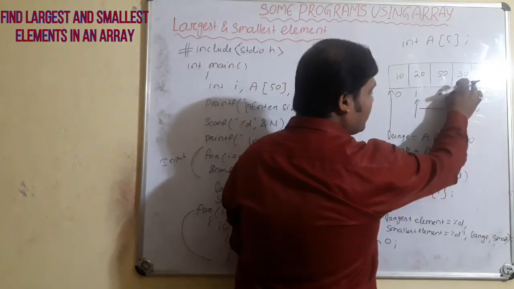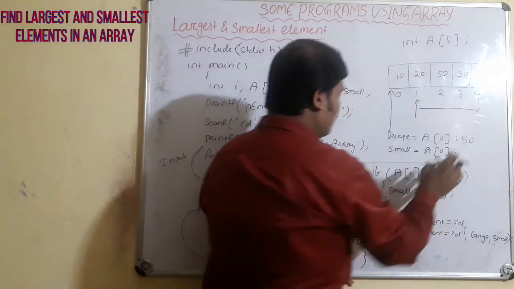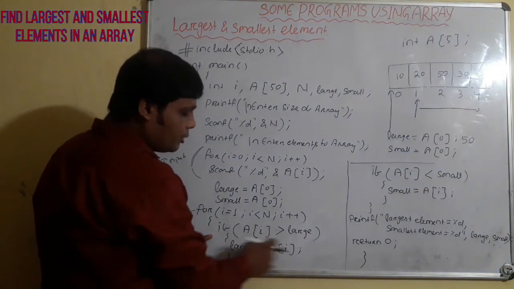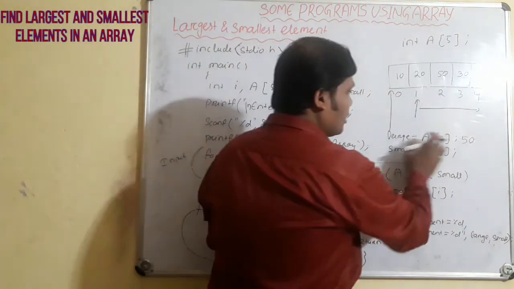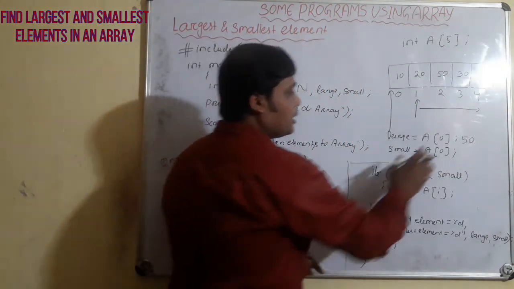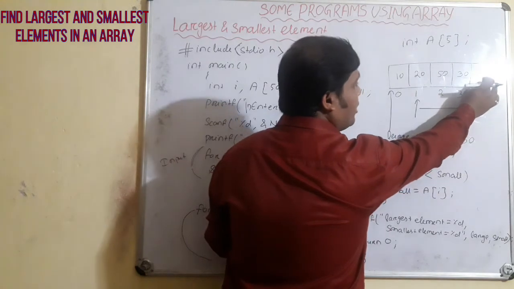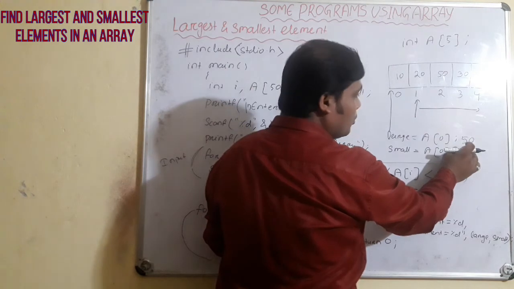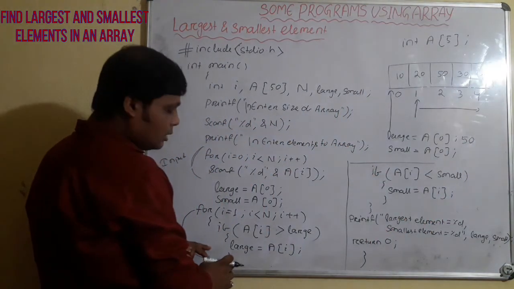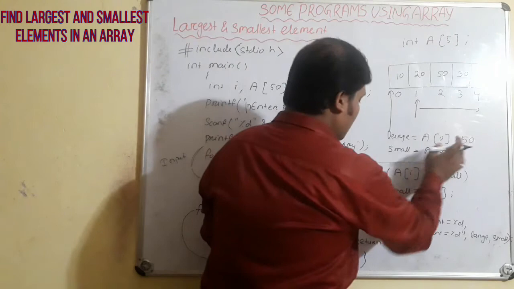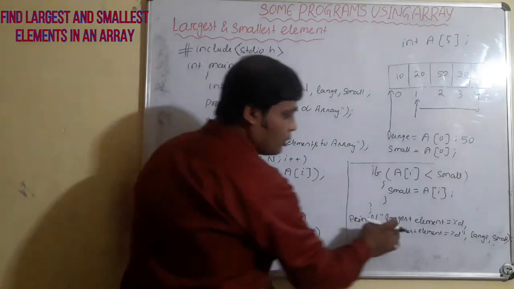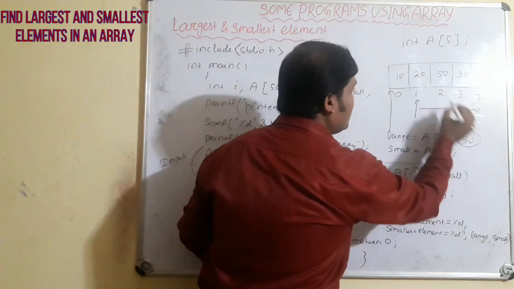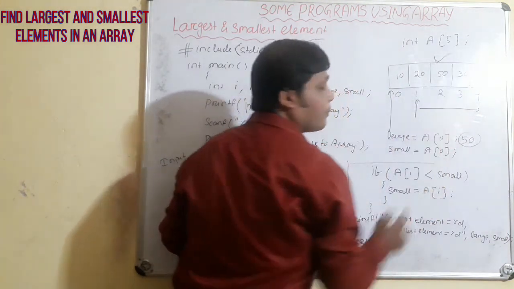Is a[3] greater than my large? No, so it will not go inside this if statement, and large remains the previous value, 50. Next i will be 4. Is a[4] greater than my large? No. So after the loop ends, it will print the largest value, large, that is 50.